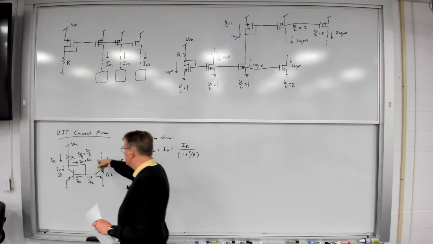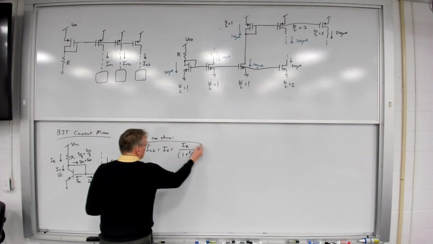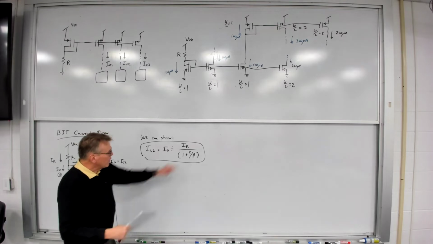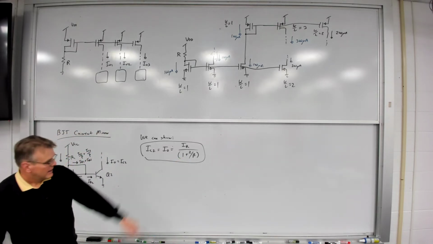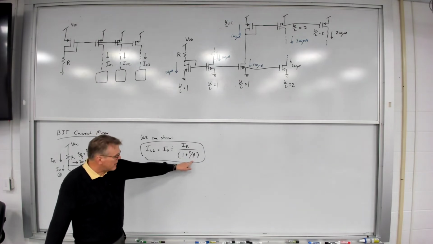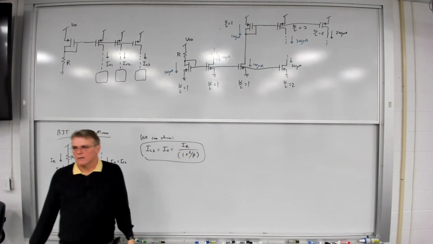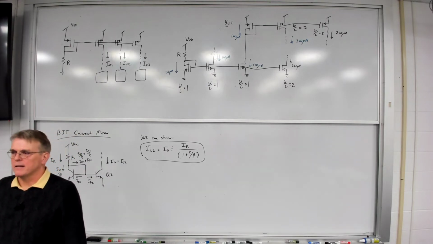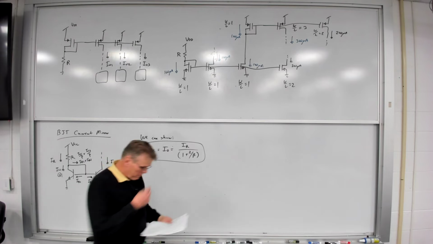So if you write the equations like that and solve, this is what you get. So we have an error that's introduced by the fact that we have base current, a finite beta. If beta goes to infinity, IC2 just becomes like IR. It's like a MOSFET if beta goes to infinity. But otherwise, you'll have a mismatch because of beta. Okay?